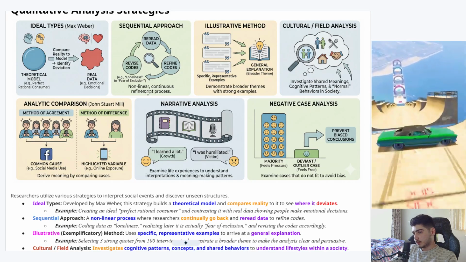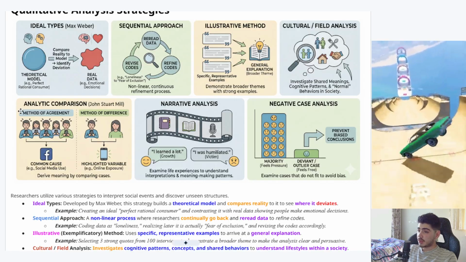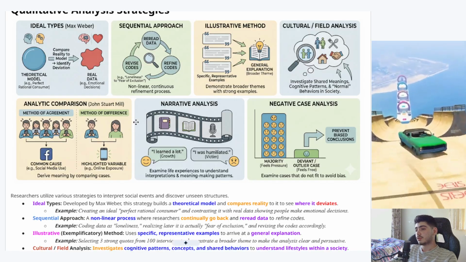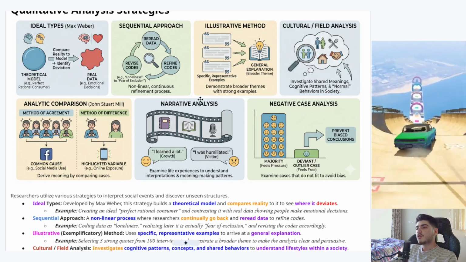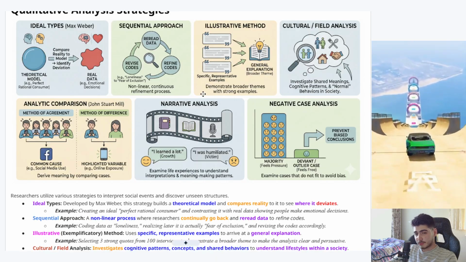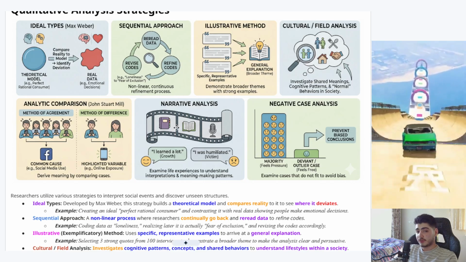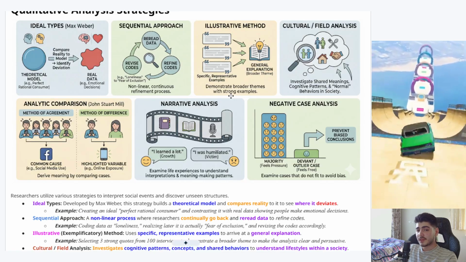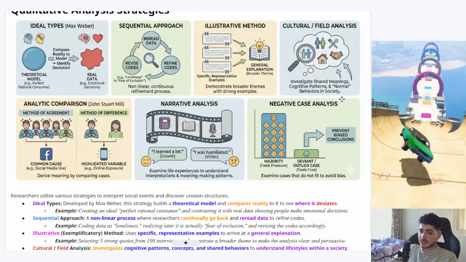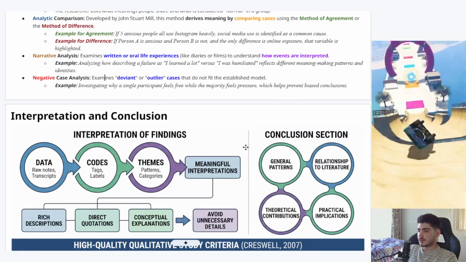We have analytic comparison, which looks at the method of agreement and method of difference, what's different, what is agreed upon. We have narrative analysis, which looks at personal material like diaries or films to learn about the impacts of something. And negative case analysis is looking at the outliers.